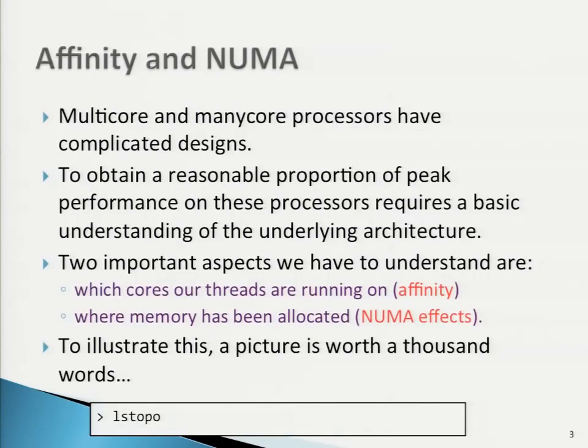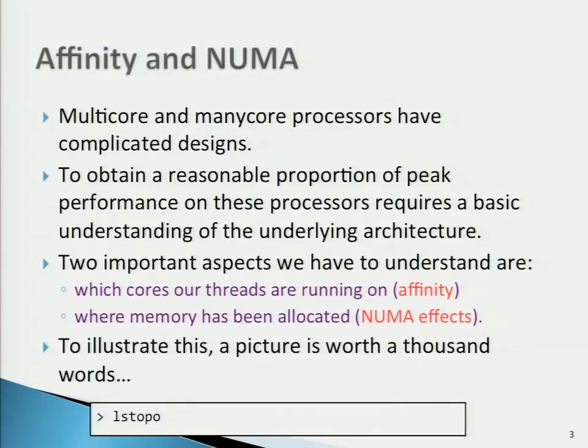So far, I'm pretty sure you've got the impression from the work we've done that these multi-core and many-core processors have really quite complicated architectures. You've got these hierarchies of cores, threads, then multiple levels of cache, then the RAM, and interconnects.